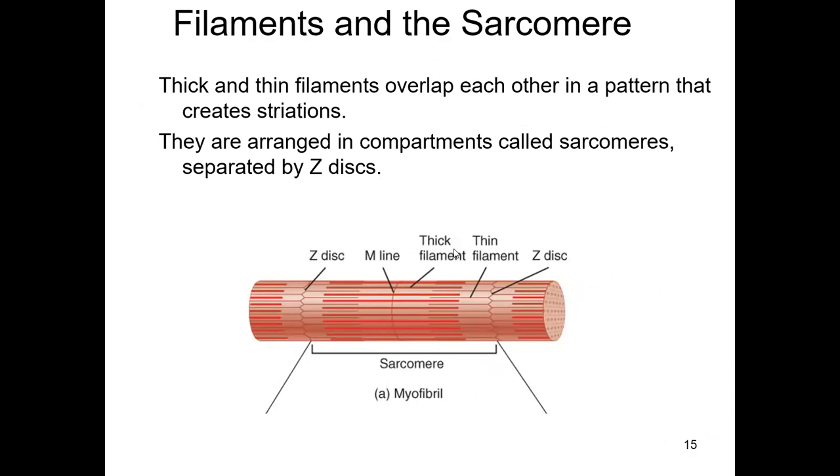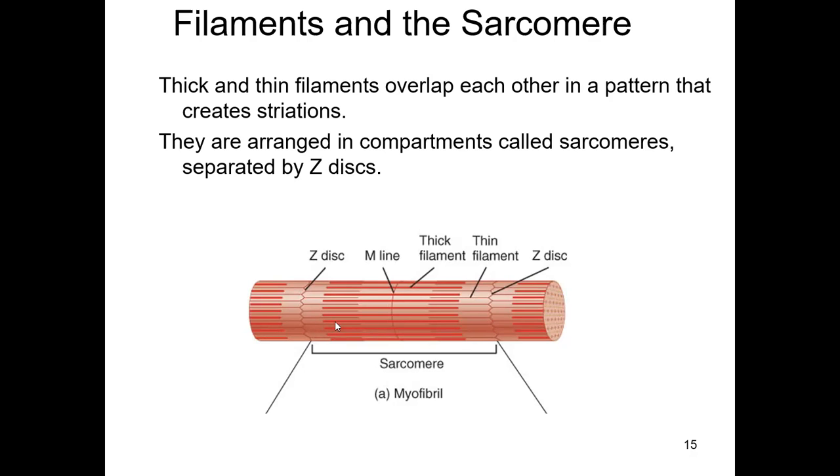So let's focus on the myofibrils. Here is one of them separated from the rest of the muscle. And you can see the rod nature of this. And you can also see the small parts, the sarcomeres that are located back to back, tens of thousands of times inside the myofibril. And this unit is the sarcomere.